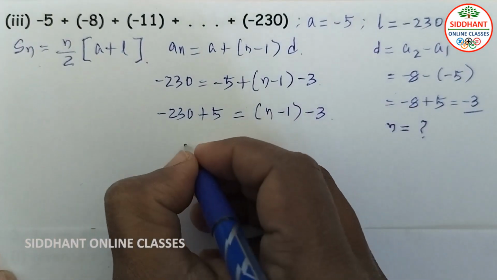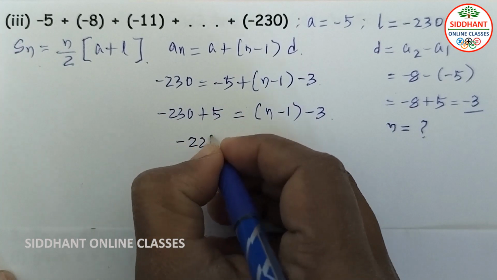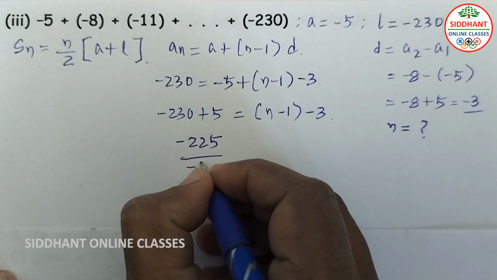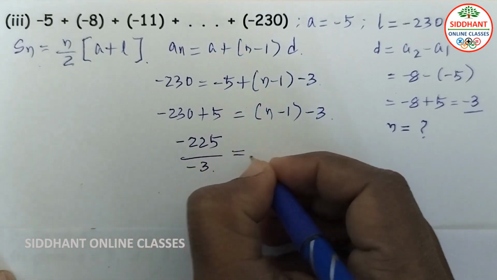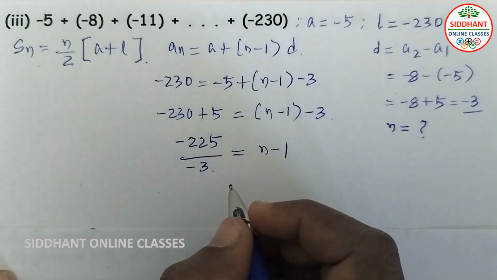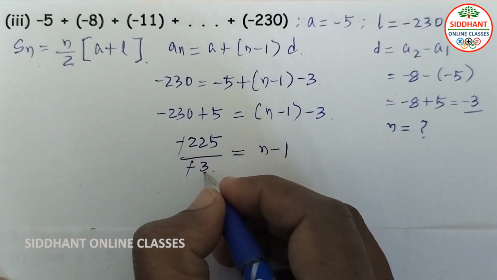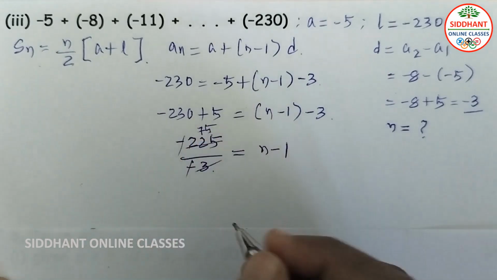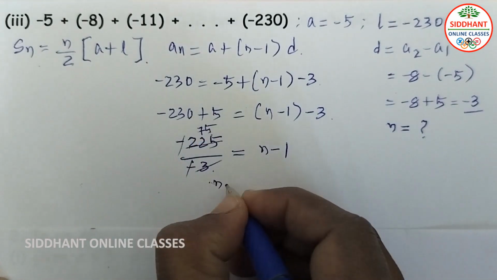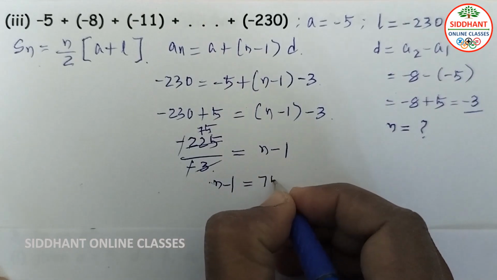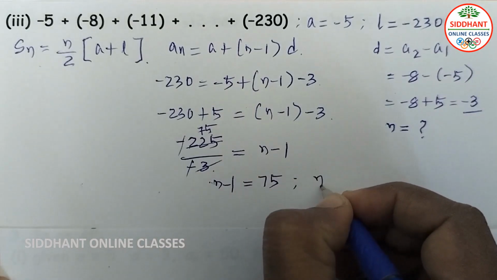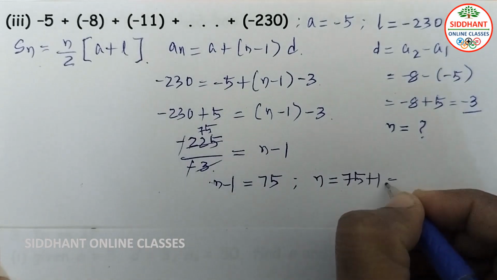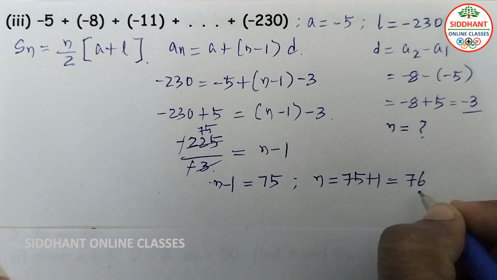So minus 230 plus 5, which will be minus 225, and minus 3 this side, it will become division, minus 225 by minus 3 equals n minus 1 here. So minus minus cancel here, and 225 by 3, that is 75 here. So that means n minus 1 equals 75 here. So n is equal to 75 plus 1, that equals 76 here.